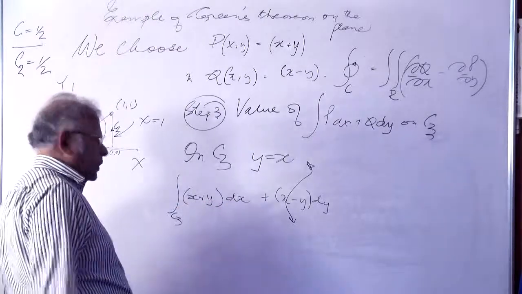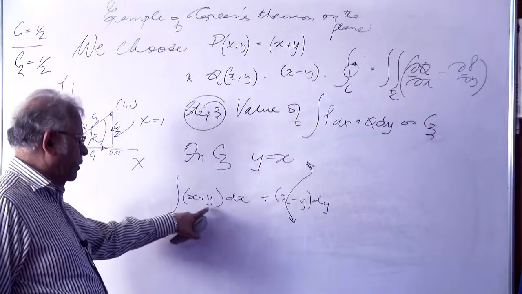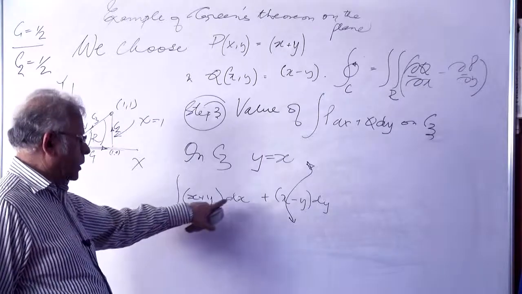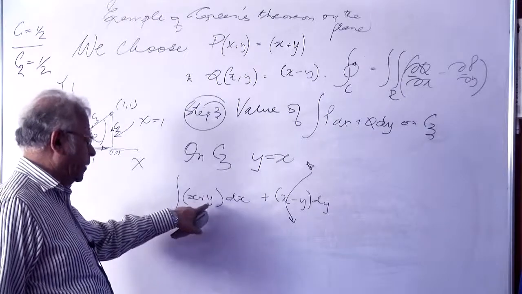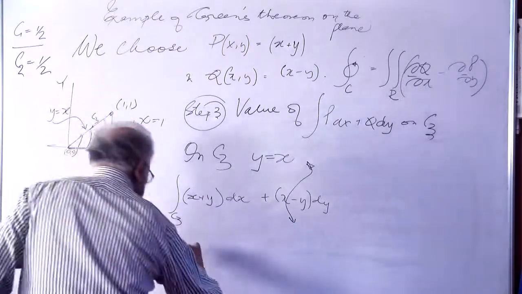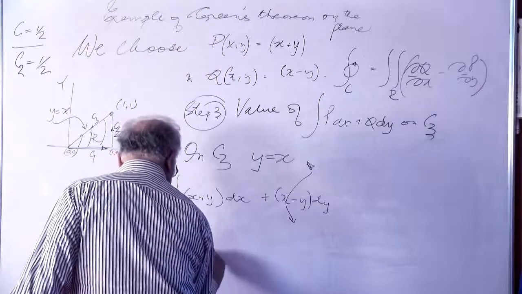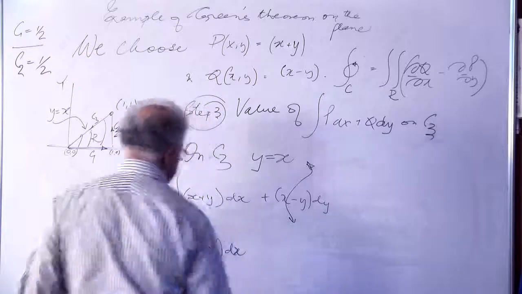Now this does not create much of a problem because on this curve y is equal to x, so we can replace y by x. So we will get nothing but x plus x, that is 2x, integrated with respect to x.